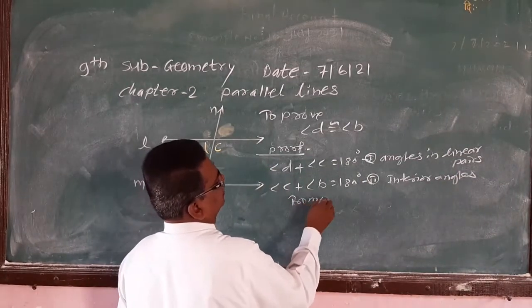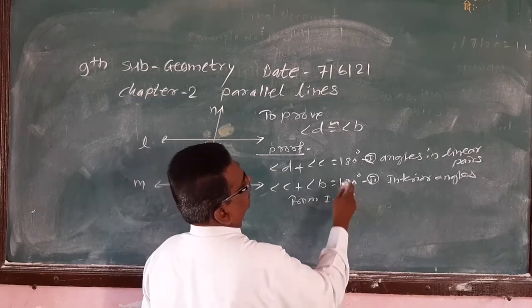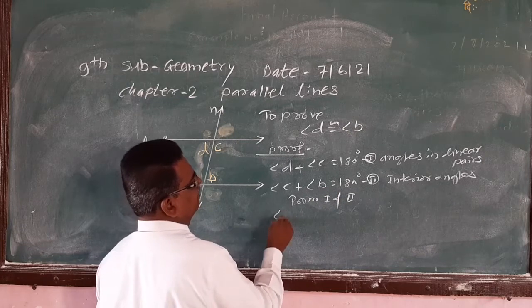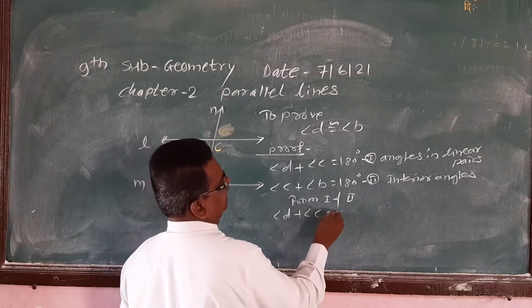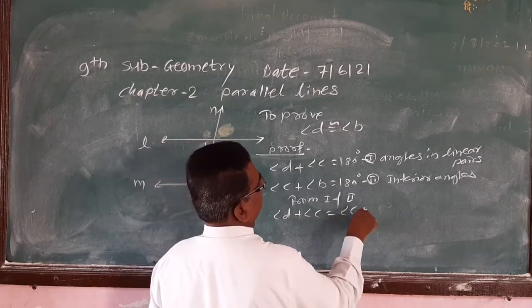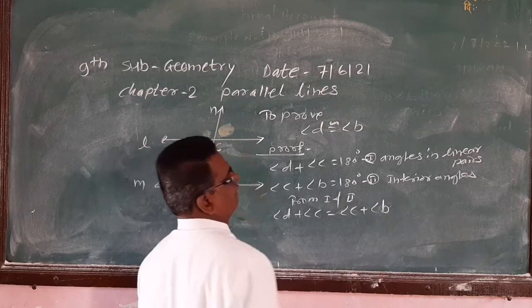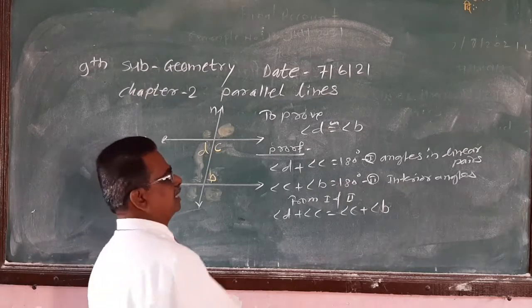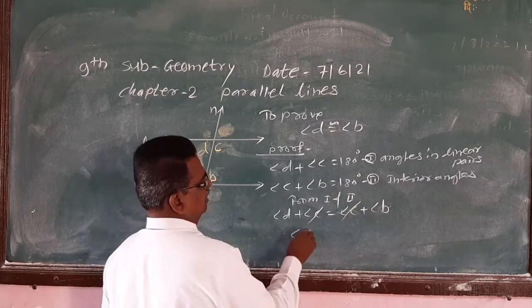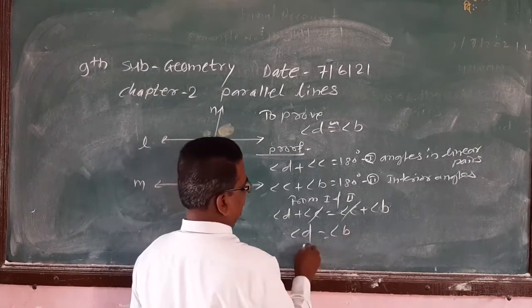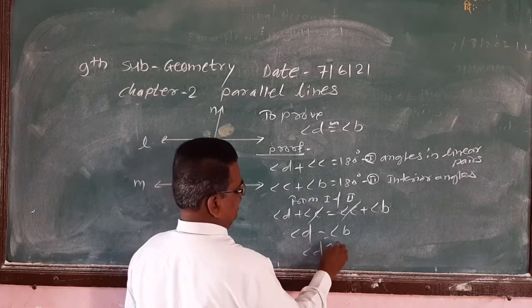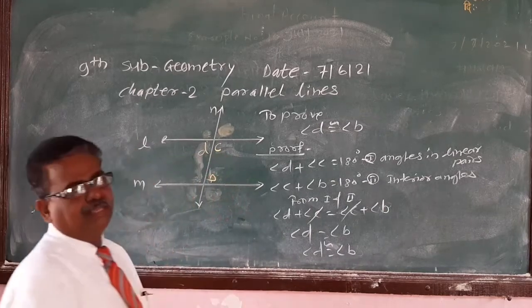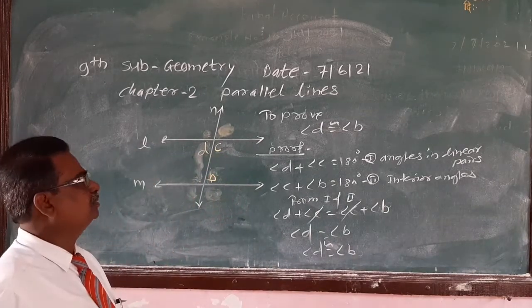From 1 and 2, right sides are equal, so left sides should be equal. Angle D plus angle C is equal to angle C plus angle B. Both sides of the equation have angle C, cancel it. Angle D is equal to angle B, that is angle D is congruent to angle B. In this way we prove the theorem.